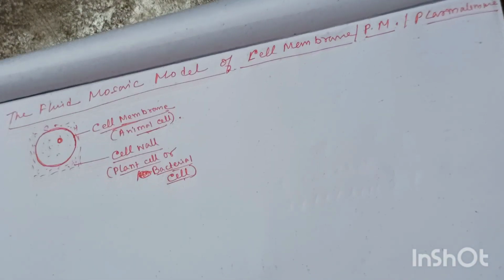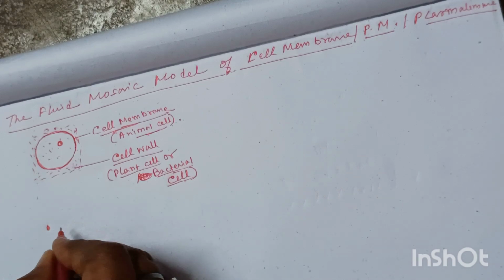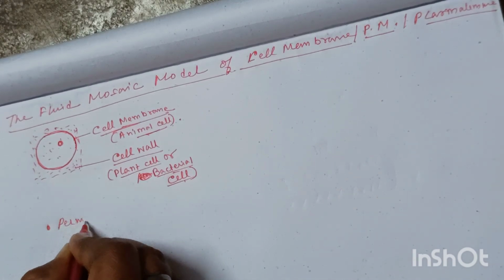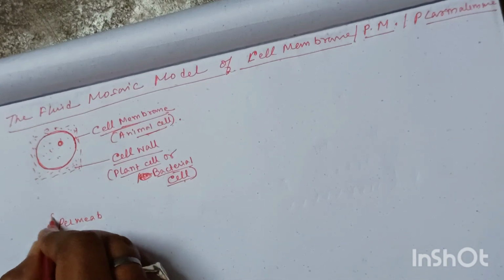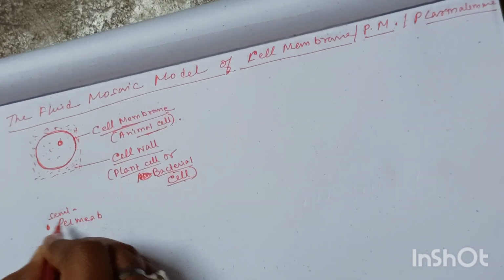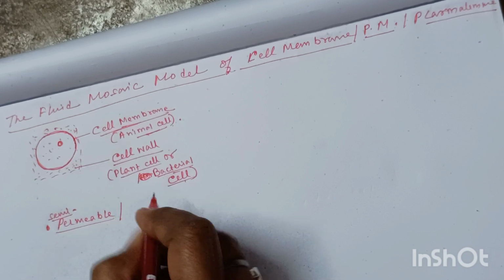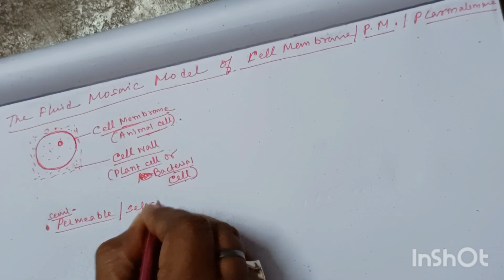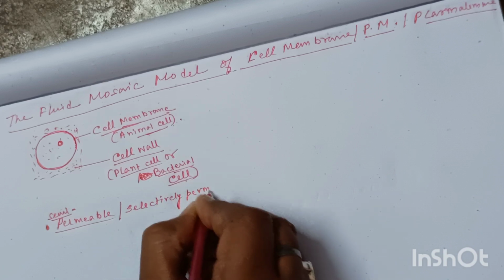Now some general characteristics of the cell membrane. The cell membrane is semi-permeable or selectively permeable in nature.